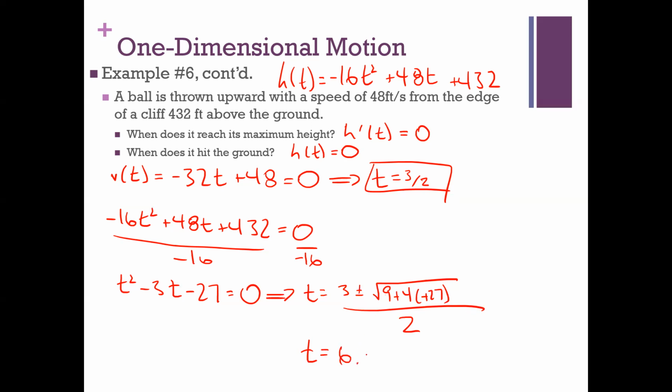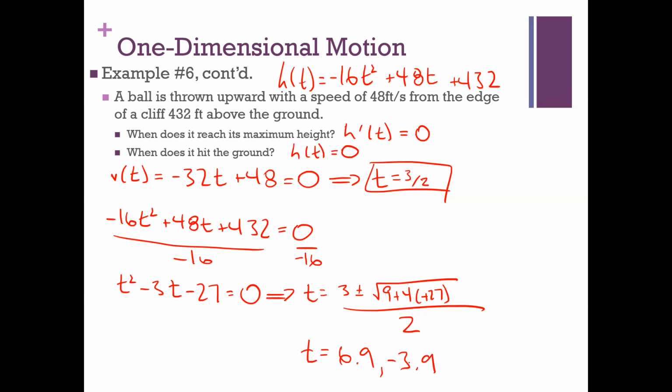So I have 6.9 seconds and negative 3.9 seconds. How do I feel about those numbers?